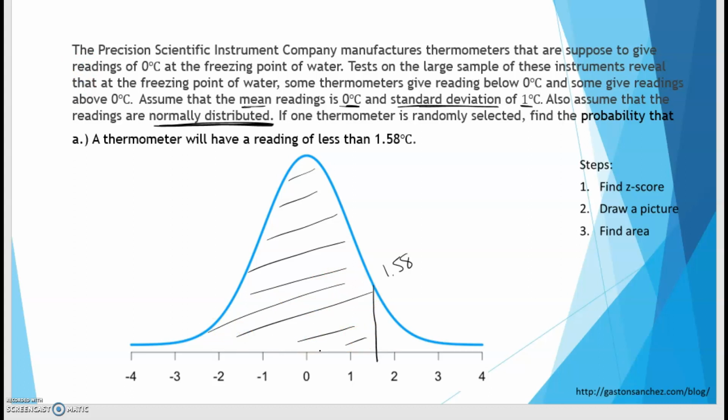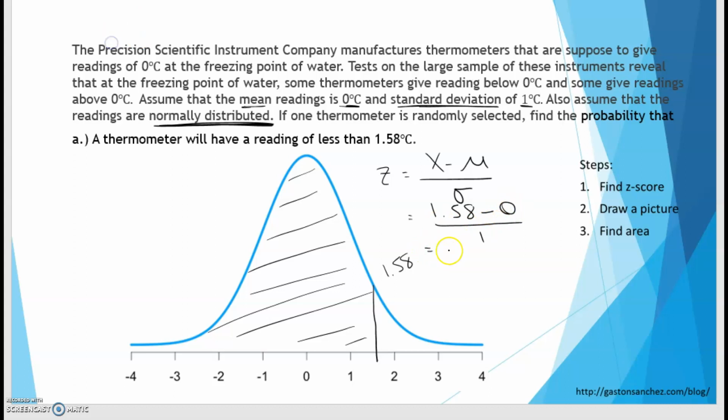Okay. So it says, first thing, find the z-score. I'm going to take my z-score, which is x minus mu divided by sigma. So the x value they gave me was 1.58, minus 0, divided by 1.